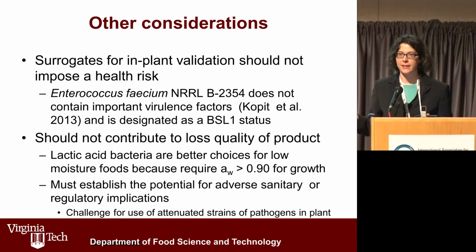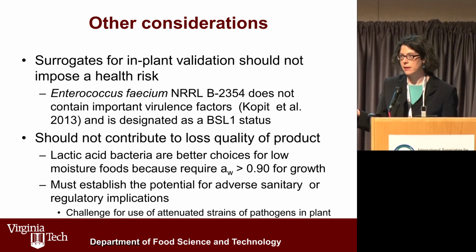No, in this case, this particular strain that has been used has been verified to not contain the virulence genes that are necessary for human infections. That was published in Kopit et al. in 2013, and subsequently it was redesignated as a BSL-1 status.